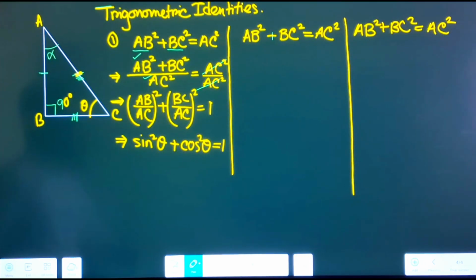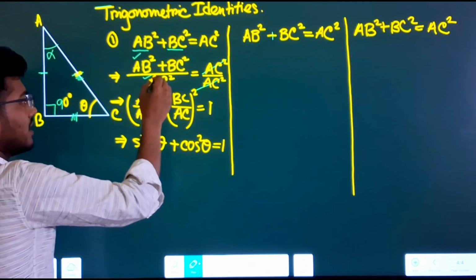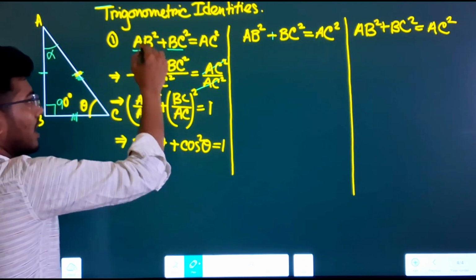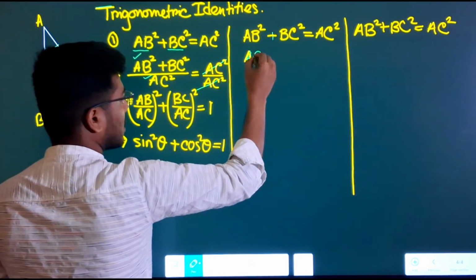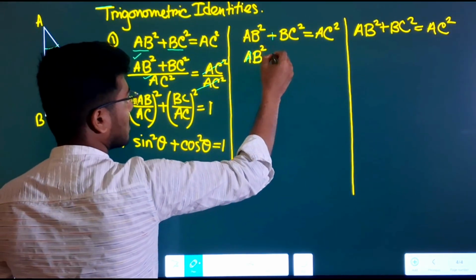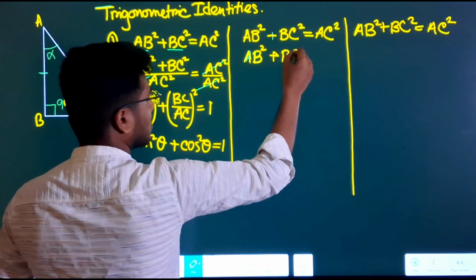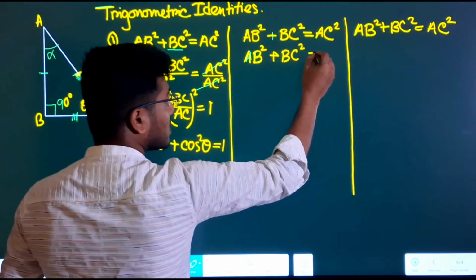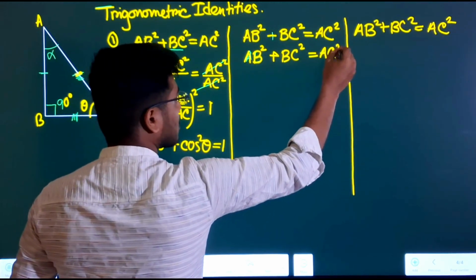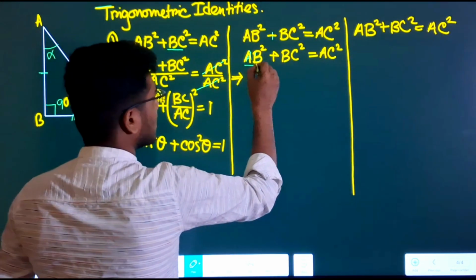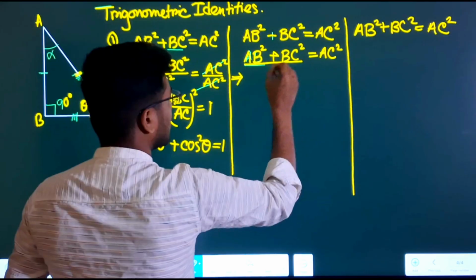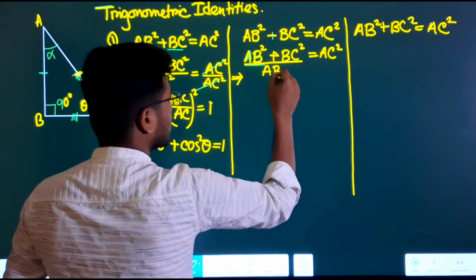Next one. Now I divide the whole portion by AB square. AB square plus BC square equals to AC square. Divide both sides by AB square.